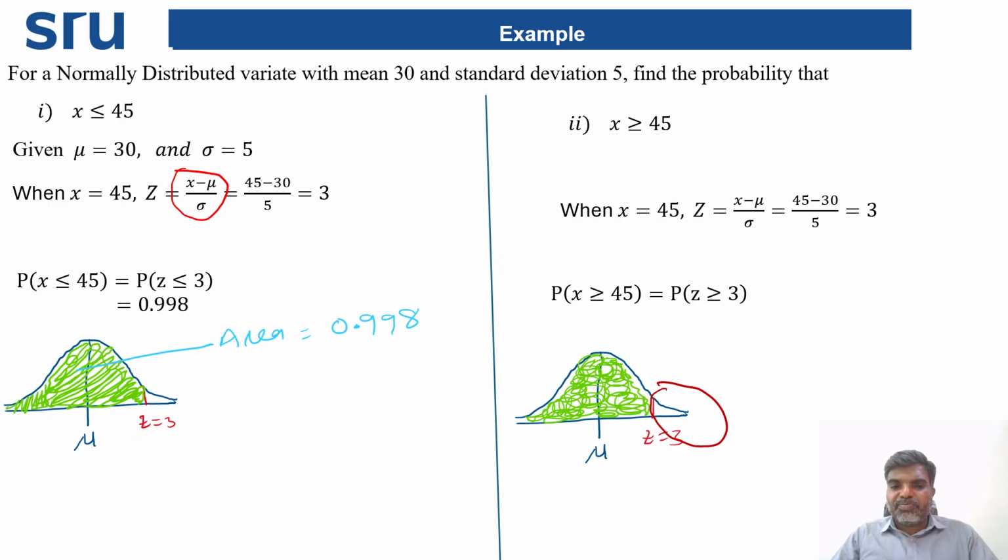Already you know the total probability or total area under the curve is 1. So to find the right side area, we have to subtract the left side area from 1. See, the left side area is 0.998. We have to subtract it from 1. So what is the right side area? 0.00135. Now the required probability is 0.00135.